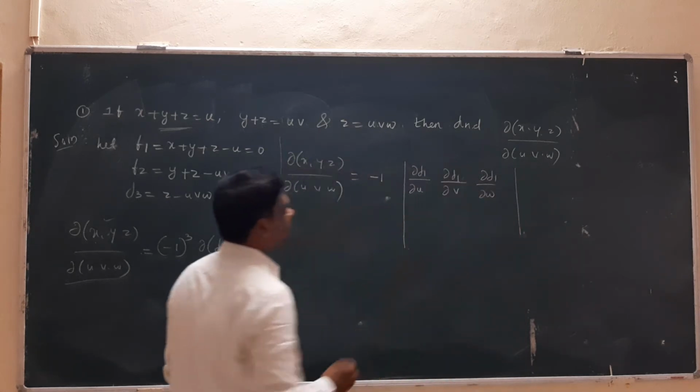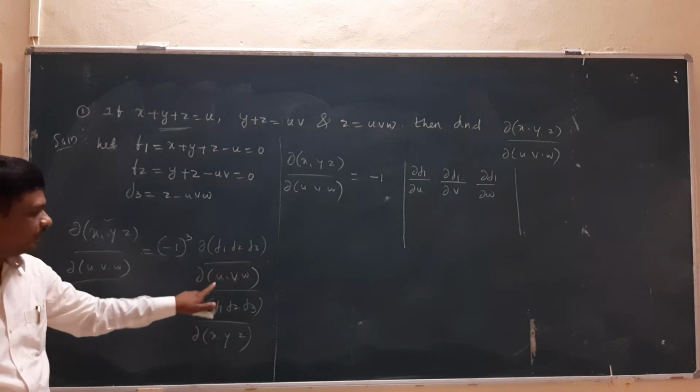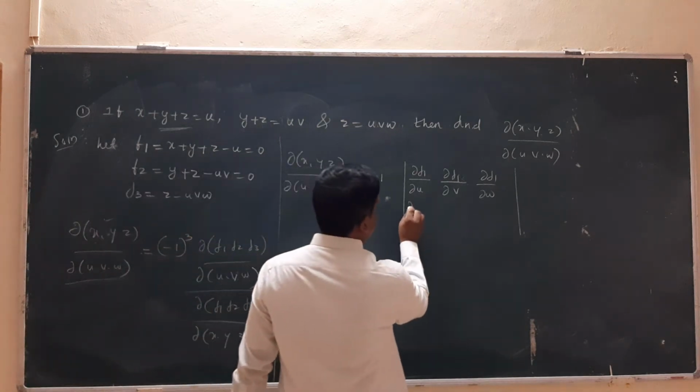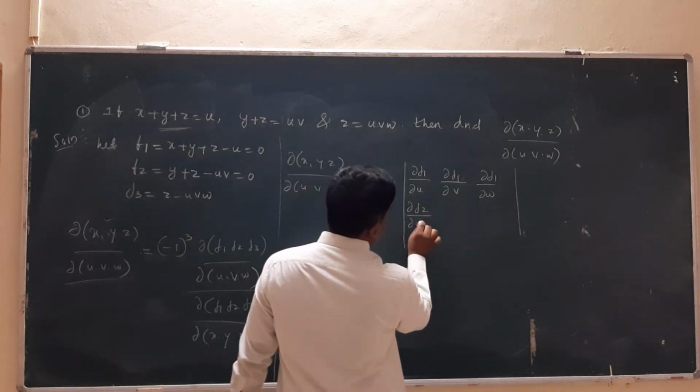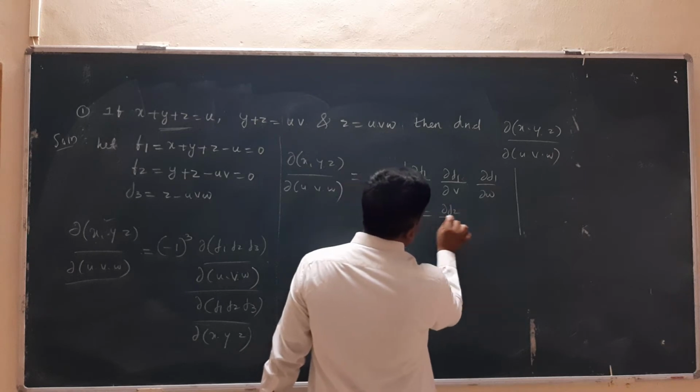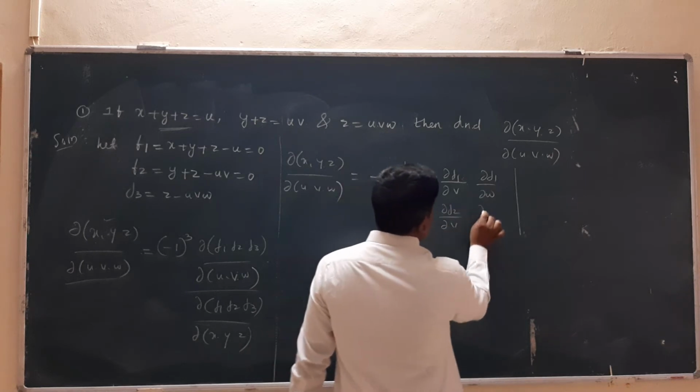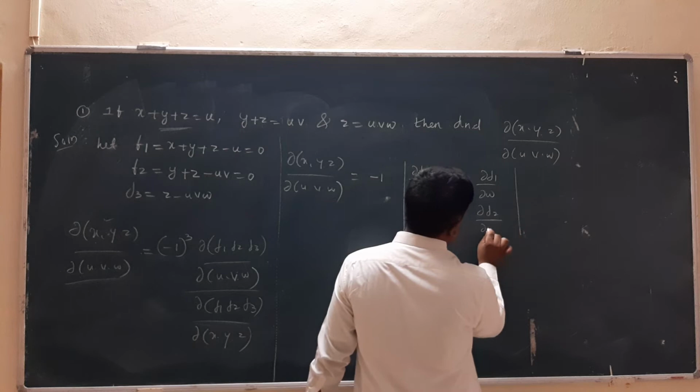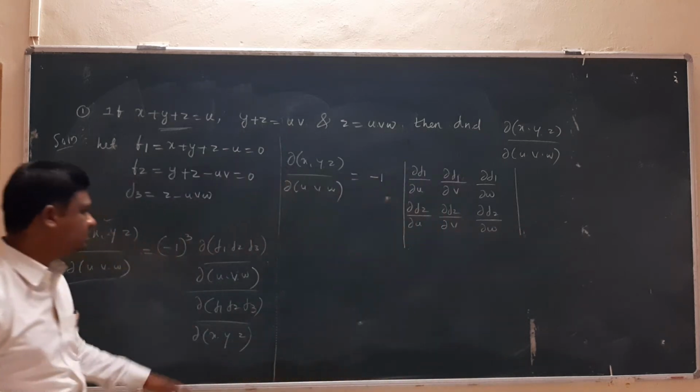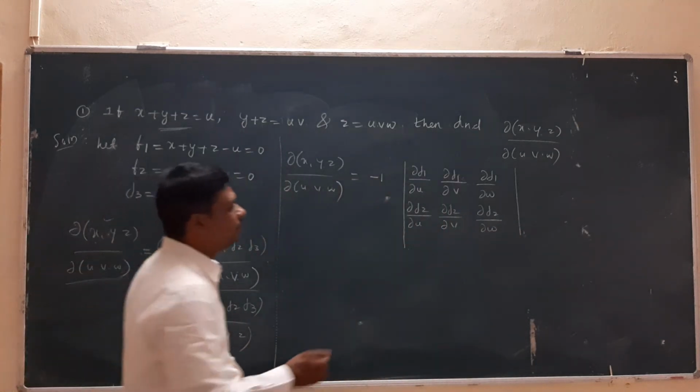Similarly, differentiating f2 with respect to u, v, w, that is dou of f2 with respect to u, dou of f2 with respect to v and dou of f2 with respect to w. The last one is f3 with respect to u, v, w.